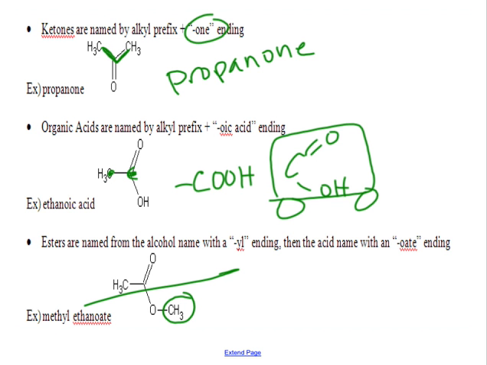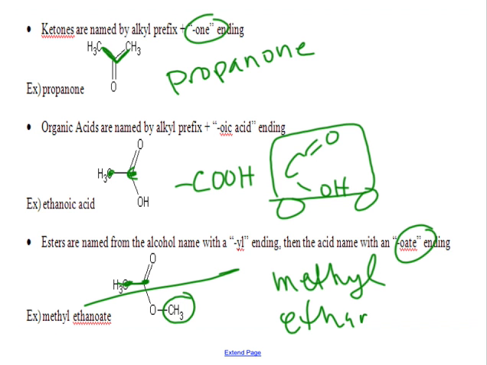What's that called when it hangs off of something? Methyl. Then you look at the other side and you count what's there. That alone without the double bond would be ethane. Drop the E and add oate. Methyl ethanoate. Okay?